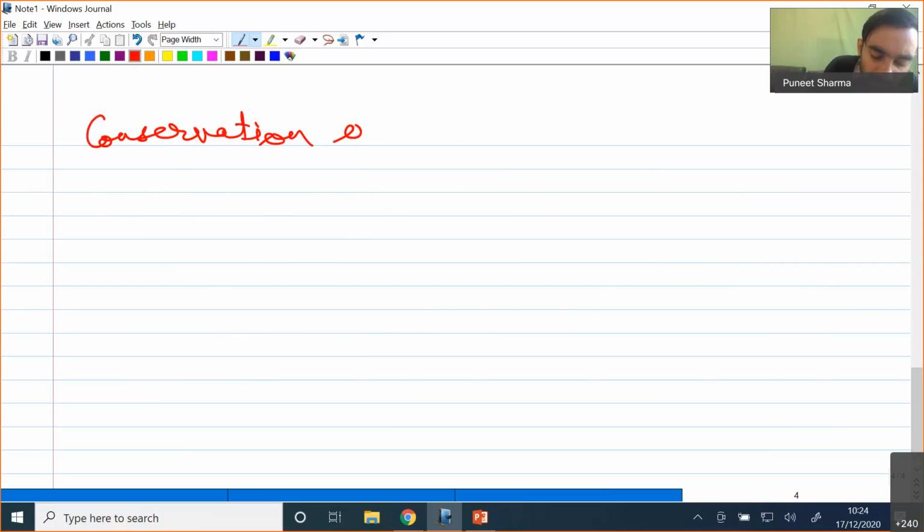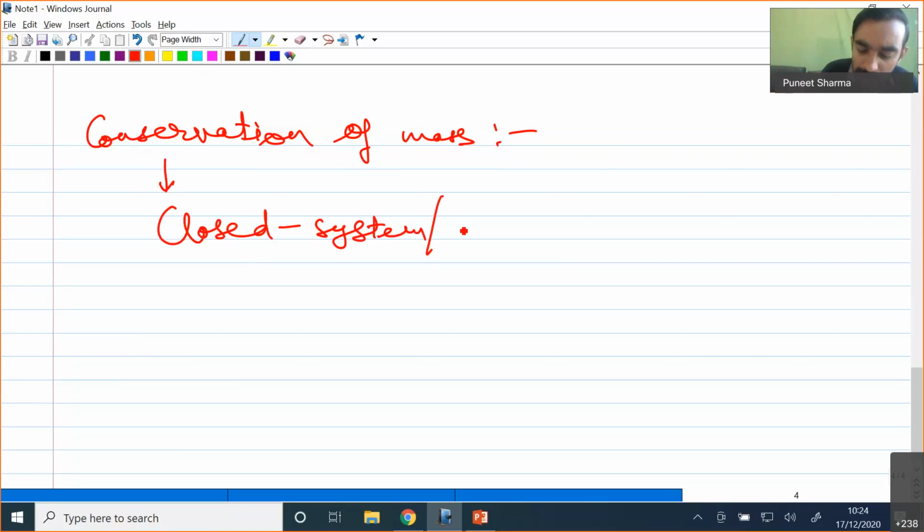So what we see in terms of conservation of mass, let me explain with the help of an example. This concept I am once again explaining with reference to the closed system only, and closed systems are also known as fixed mass systems.